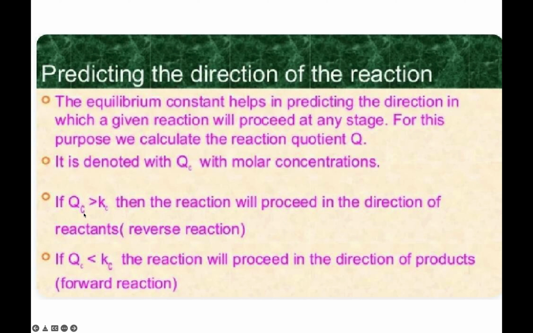If the reaction quotient is greater than Kc, the reaction will proceed in the direction of the reactants, that is the reverse reaction. If Qc is less than Kc, the reaction will proceed in the direction of the products, forward. You see, reactants are on the left side, and a forward reaction means it forms products. So these two cases you just remember.